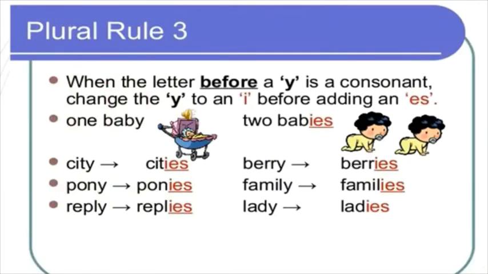This is plural rule 3. When the letter before a y is a consonant, change the y to an i before adding es. Okay, I can simply explain it like this.